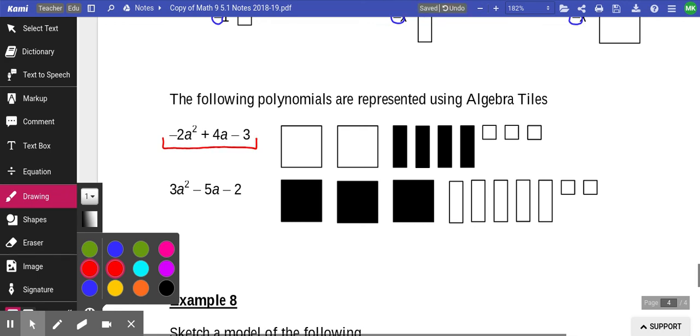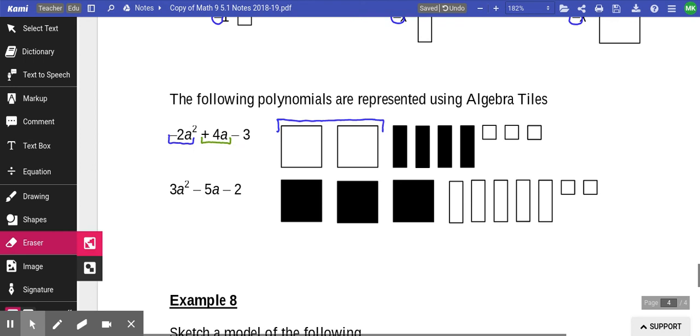That means I should have -2 of the big blocks, right? -2 of the big blocks. That's right here. There's 2 of them. They're both negative, and they're the big blocks. I should then have plus 4a. That means I should have 4 of the long, skinny blocks.